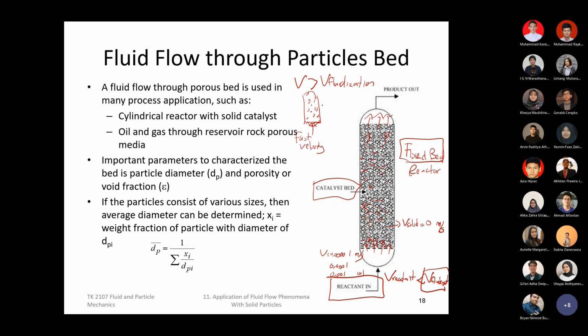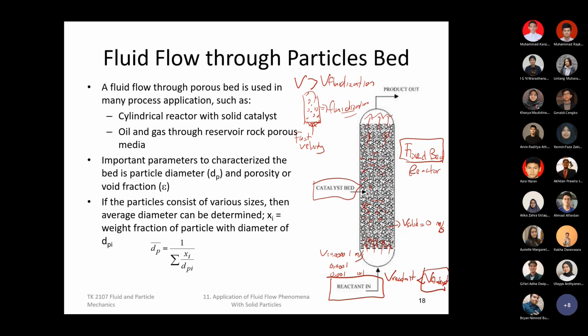And this is where the fluidization regimes can be found. Both of them are useful. Some reactors are designed in a fixed bed configuration. Some other reactors are designed in a fluidized regime, let's say to get the required temperature profile, the required conversion profile, and so on.